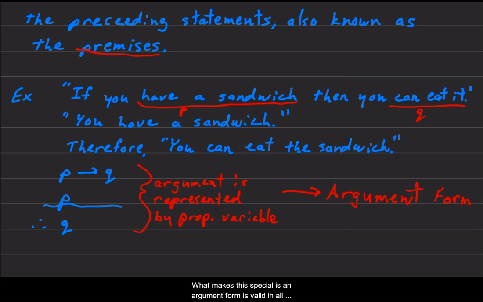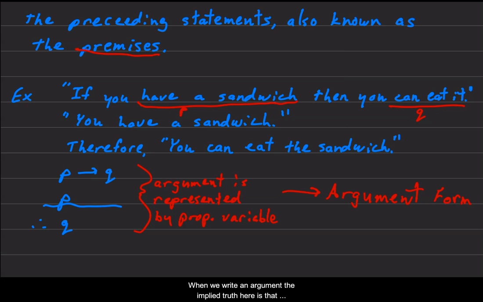And what makes this special is an argument form is valid in all scenarios, regardless of which propositions you substitute into it. Argument forms will be one of the major focuses for the rest of this section.